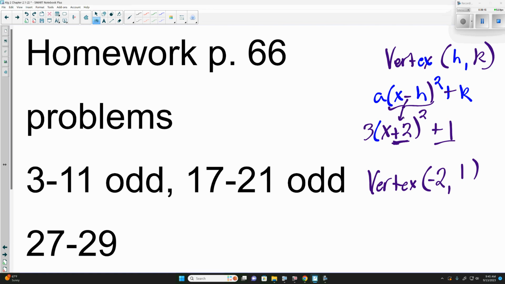I think it's easier to think of it as the opposite than to rewrite this function as 3 parentheses x minus negative 2, close parentheses squared, plus 1. Does that make sense? If you do find that helpful, rewriting it back as x minus negative 2, then do that.